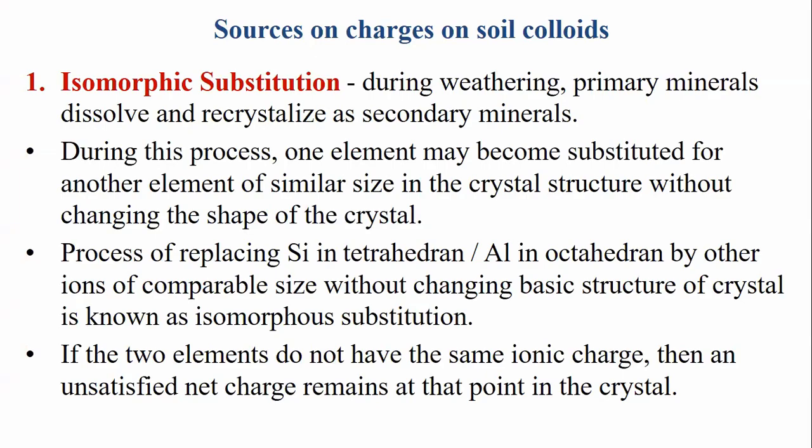That will create the unsatisfied net charges, and they will remain in the crystals. That will form the sources for the charges. If both ions are the same in ionic charge, definitely that will be balanced, so that will not create any charges. So there is an unbalanced charge because the elements do not have the same ionic charges, right?